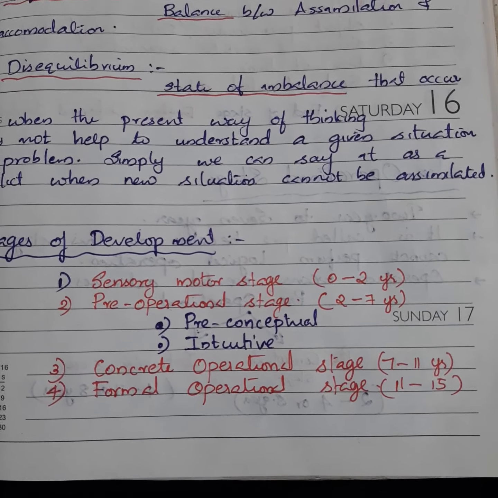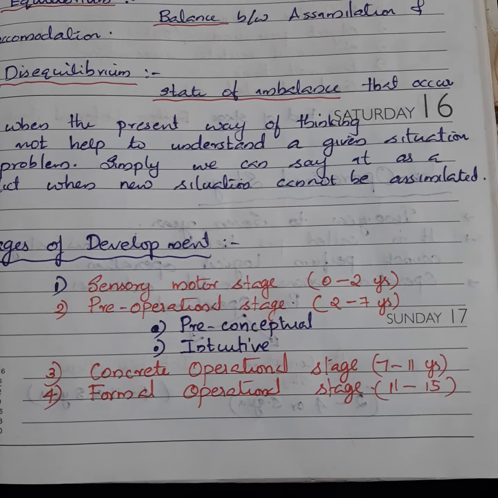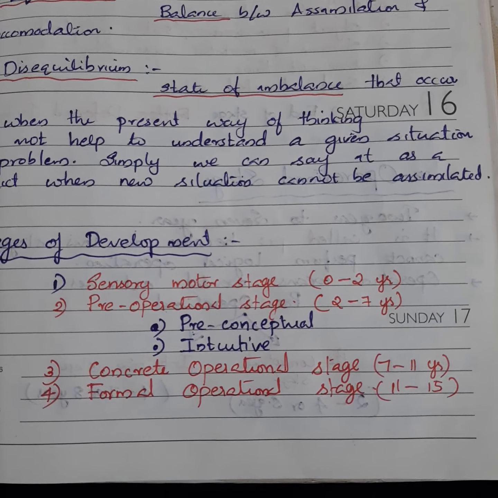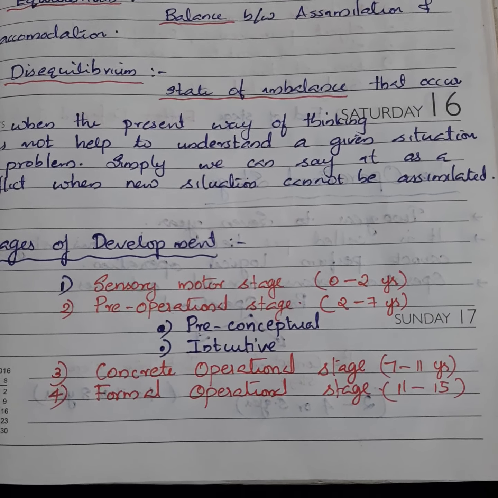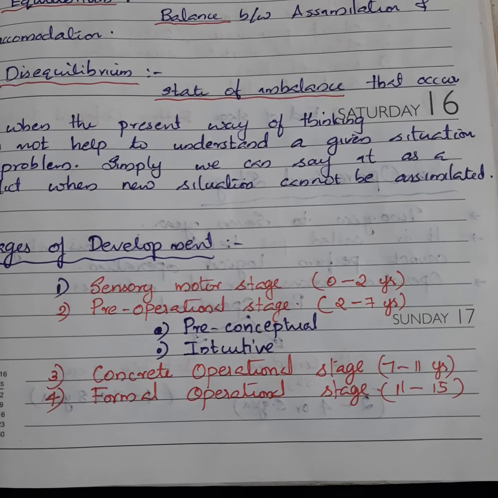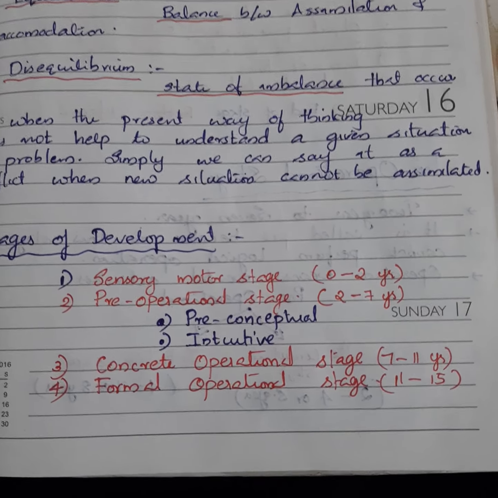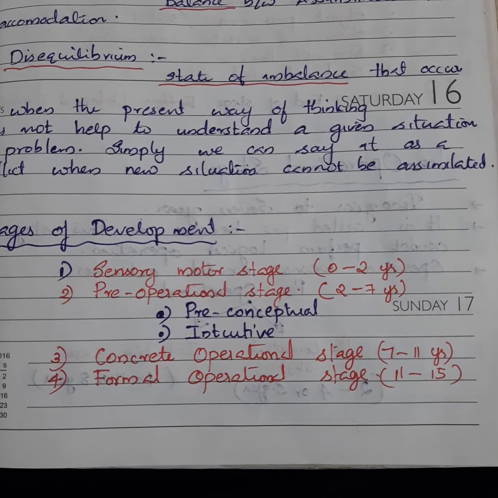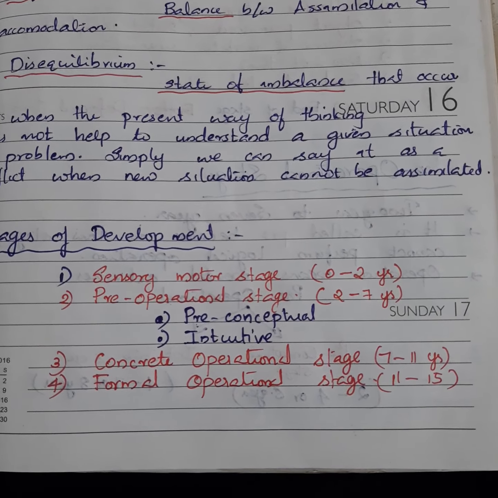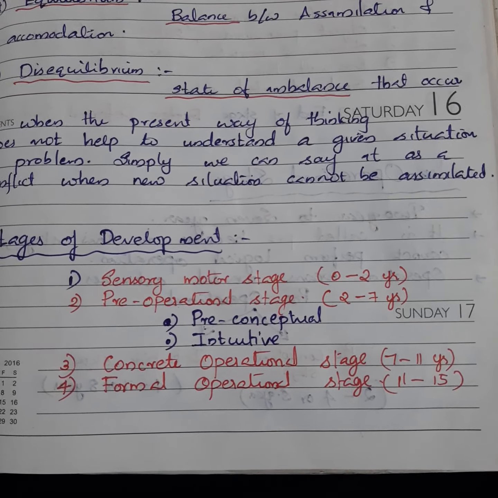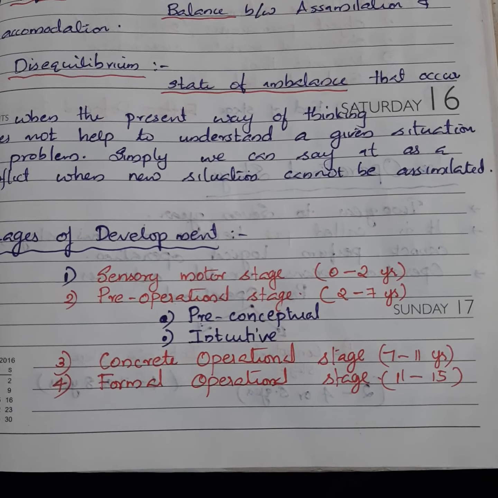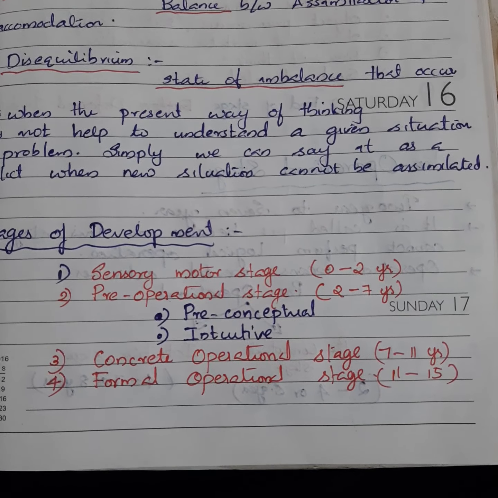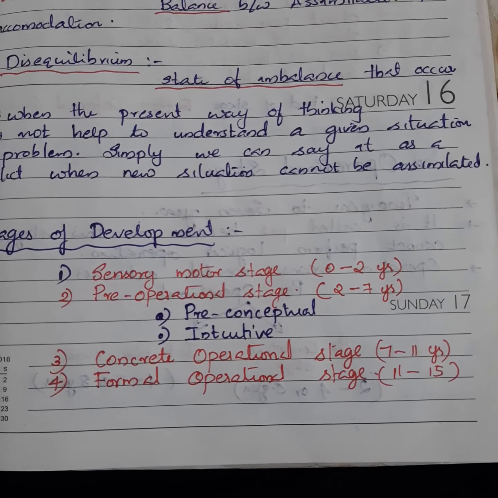First one is sensory motor stage, and this stage starts from the time of birth to 2 years. Second one is pre-operational stage. Time duration is 2 years to 7 years. This stage is further divided into pre-conceptual stage and intuitive stages.